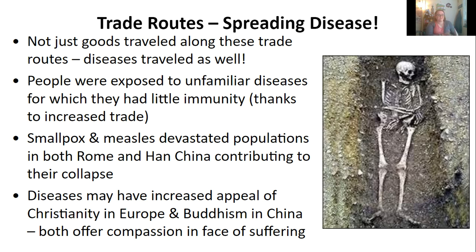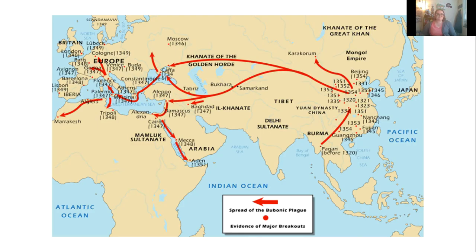All of the faiths offered compassion in the face of suffering. And it wasn't until people in Europe started to realize the church and their faith alone wouldn't save them that the Catholic Church started to kind of lose its influence.